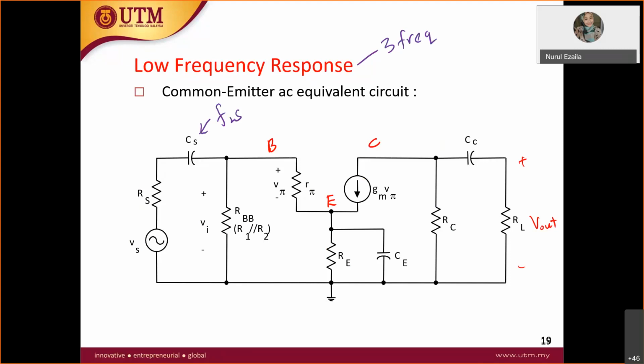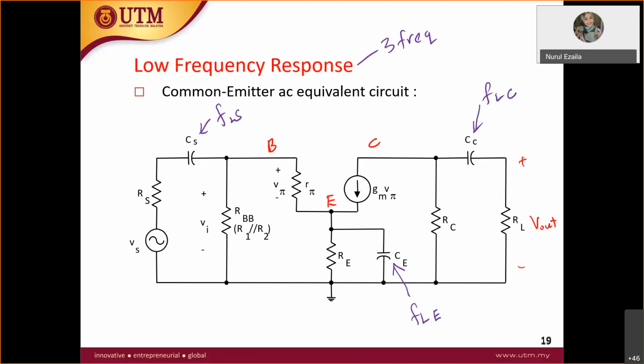And also you will need to find the FL referring to the emitter, FLE, and also the frequency referring to the capacitor. So the objective is to find all these three frequencies, all right?